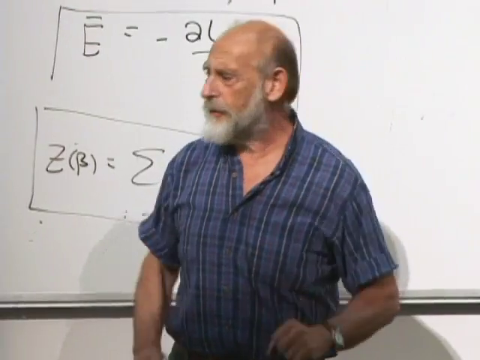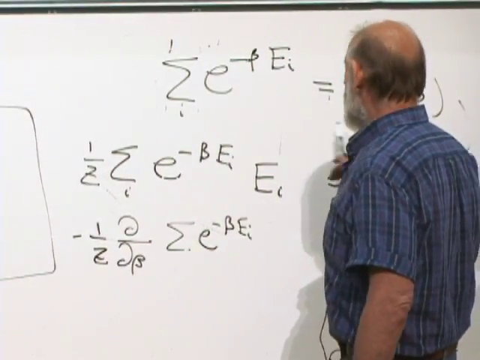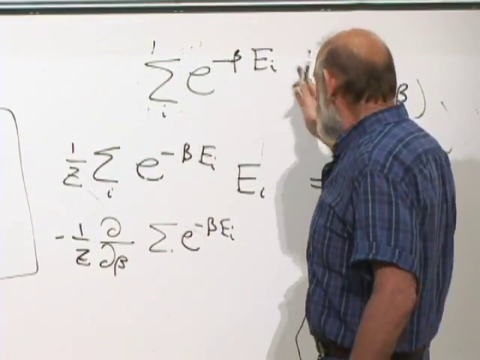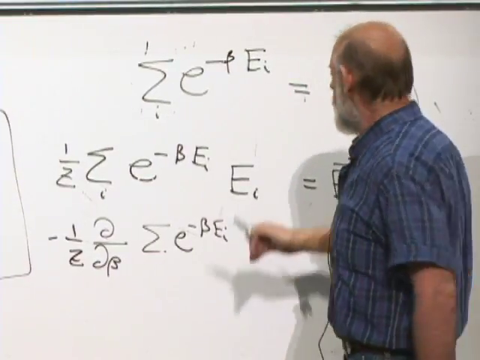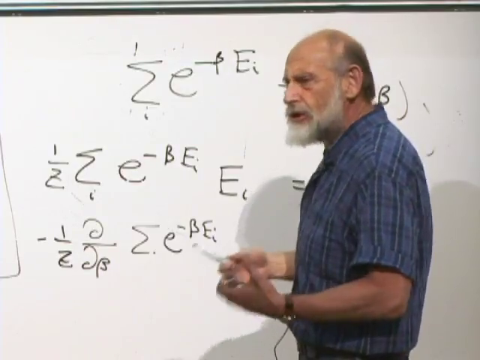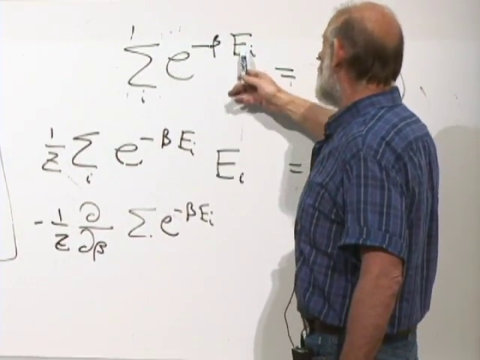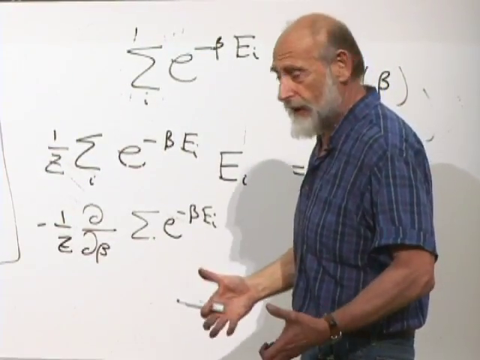Before I tell you its name, let's just notice Z is not itself actually a single exponential, but it sort of looks like an exponential of beta times energy. If I take the logarithm of Z, I expect it to at least have units or be similar to beta times some kind of thing which has units of energy.